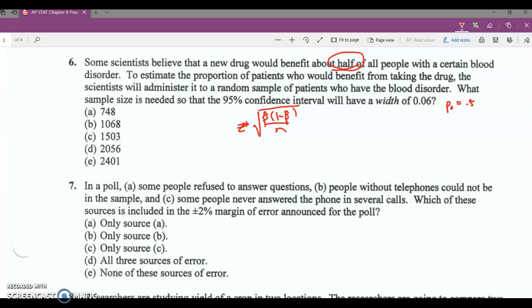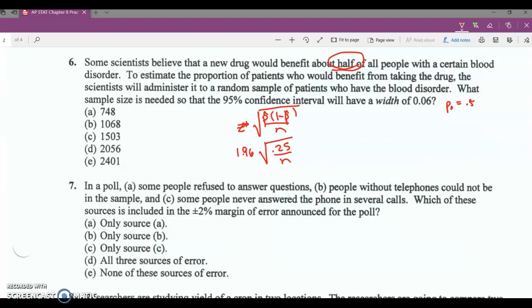If they didn't give me a number, if they didn't say some kind of estimate or a belief in advance, I'd still use 0.5 because that's the most conservative. My z star for a 95% confidence interval is 1.96, roughly 2 standard deviations. 0.5 times 1 minus 0.5 is 0.25 over n.